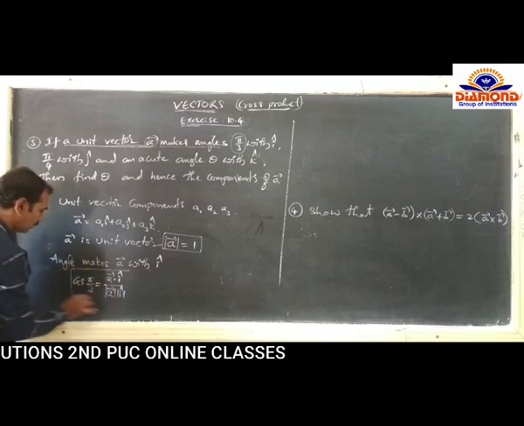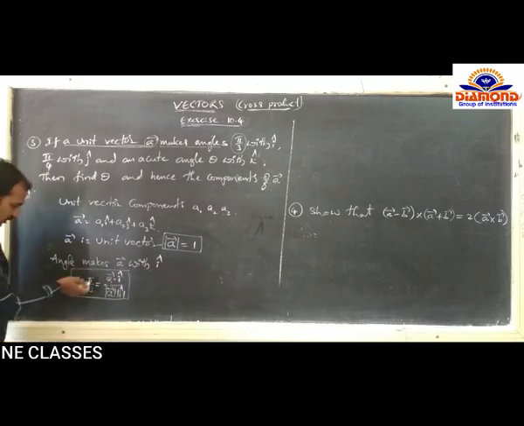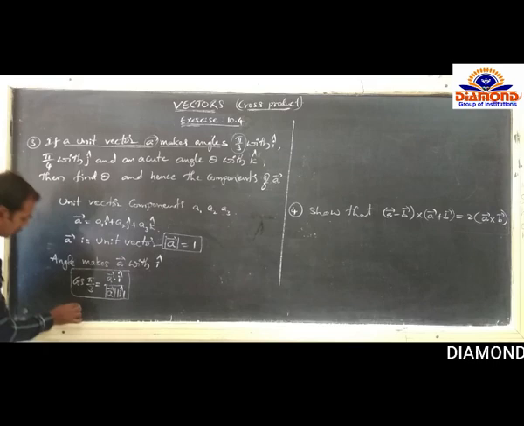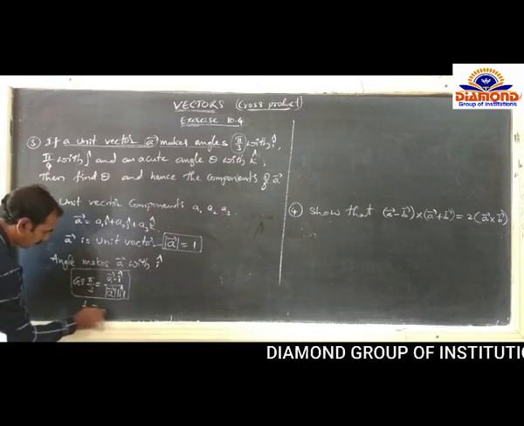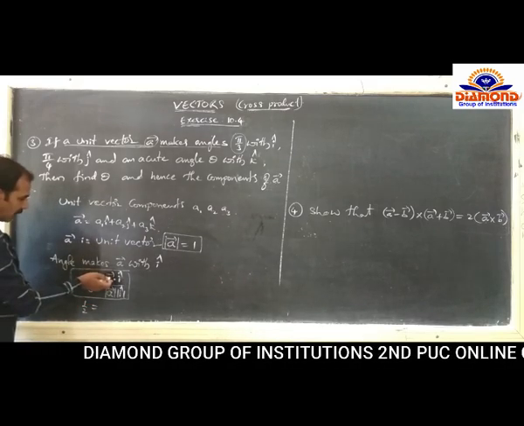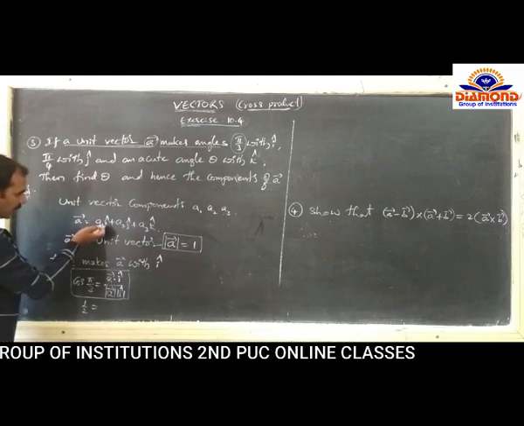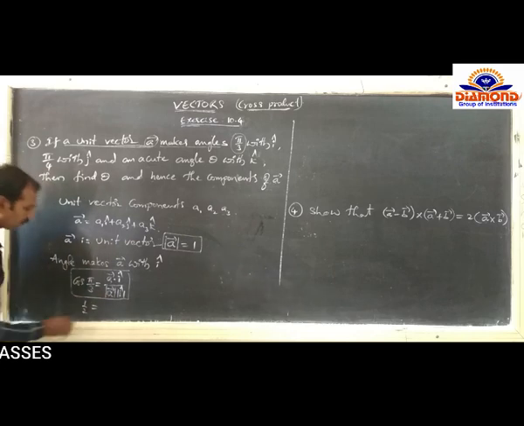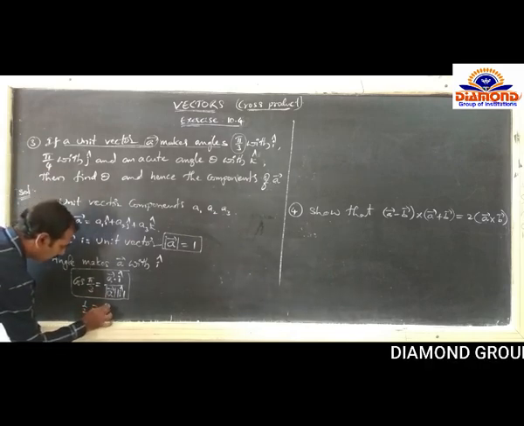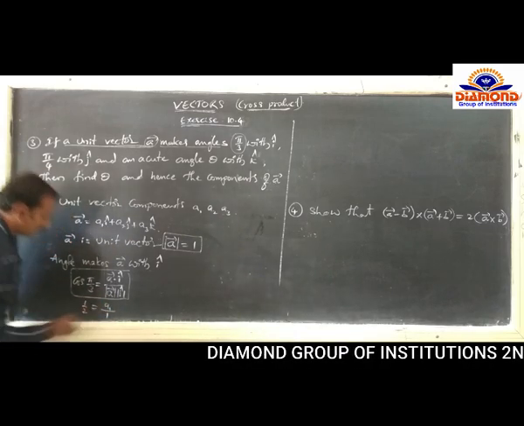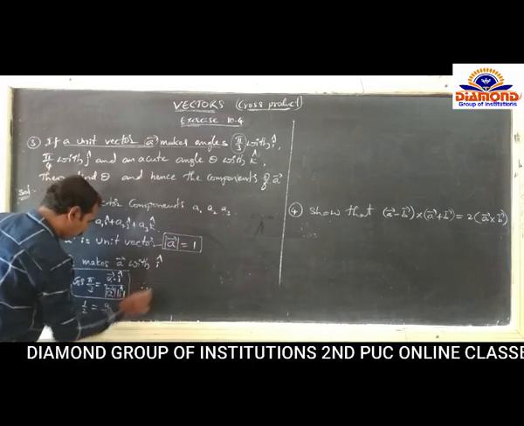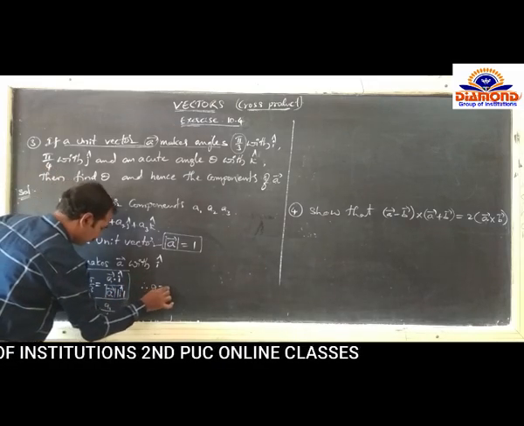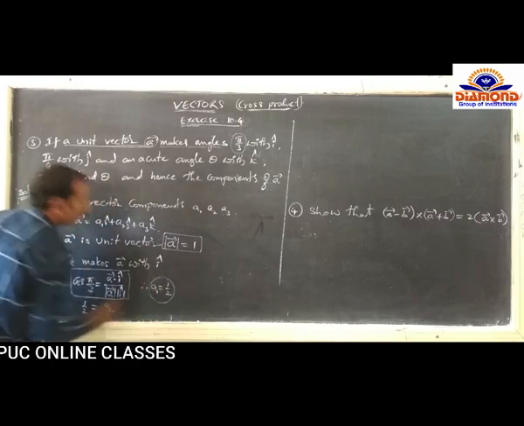So this is the formula. Cos pi by 3 means cos 60, value 1 by 2. It equals a1 i cap plus a2 j cap plus a3 k cap dotted with i cap, which means a1 divided by 1. So therefore a1 value is 1 by 2.